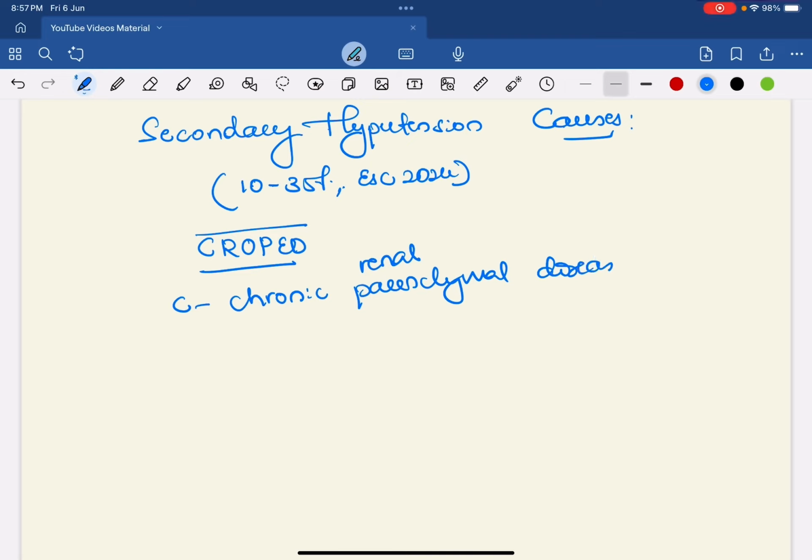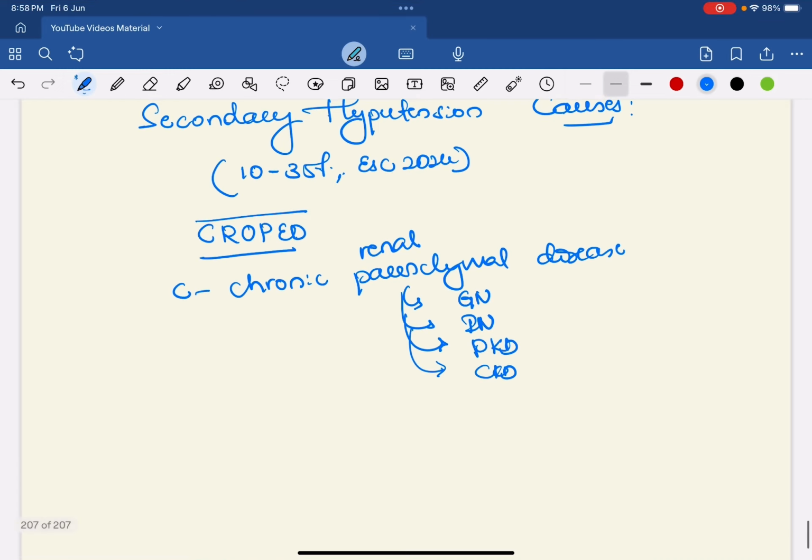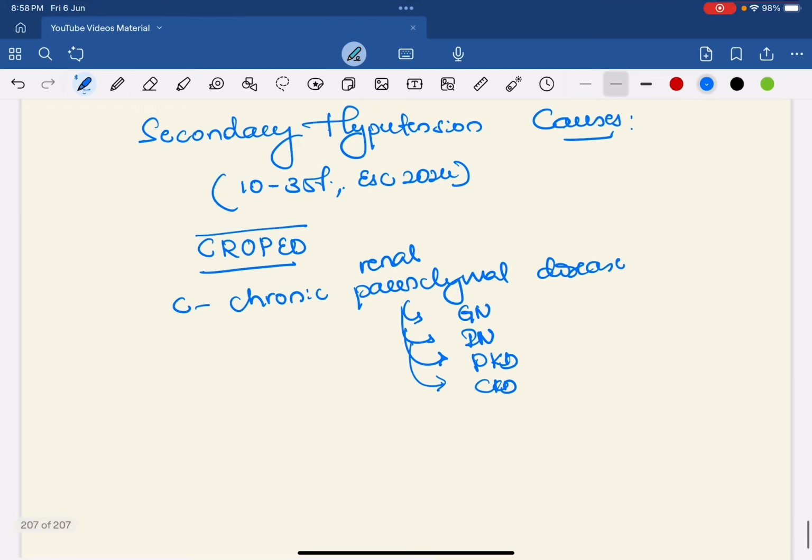So what are these chronic renal parenchymal diseases? Like glomerulonephritis, interstitial nephritis, and polycystic kidney disease. Next, there are so many causes like CKD, chronic pyelonephritis. So all these are causes of chronic renal parenchymal disease causing secondary hypertension.